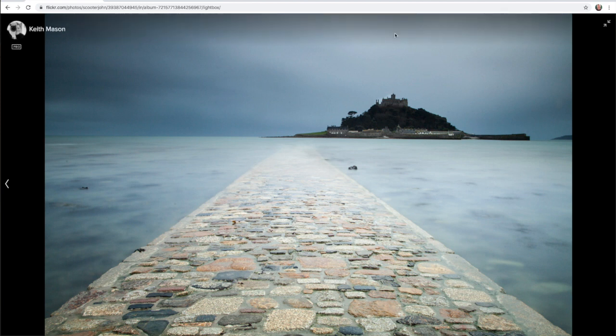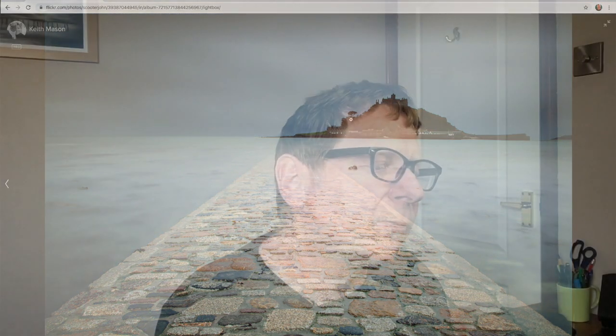Here you'll see that, of course, it's on the third, so you have the balance of the rule of thirds, and you can also see that you have this triangular shape of the walkway, which is also echoed in the triangle of St Michael's Mount itself. So, five simple compositional tools.